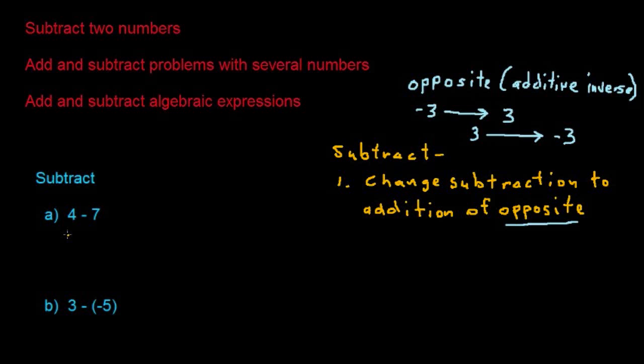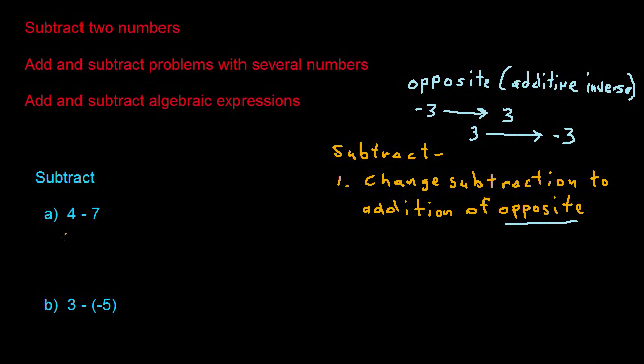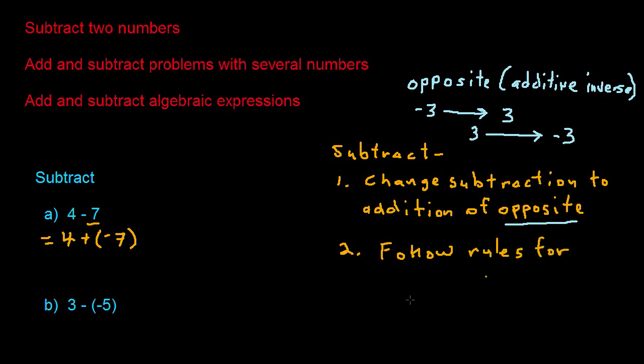So the first step is to change subtraction to add, and now we want the opposite of 7, and the opposite of 7 is -7. Step number 2, now that we have an addition problem, is just to follow the rules for addition, which we discussed in the last video.